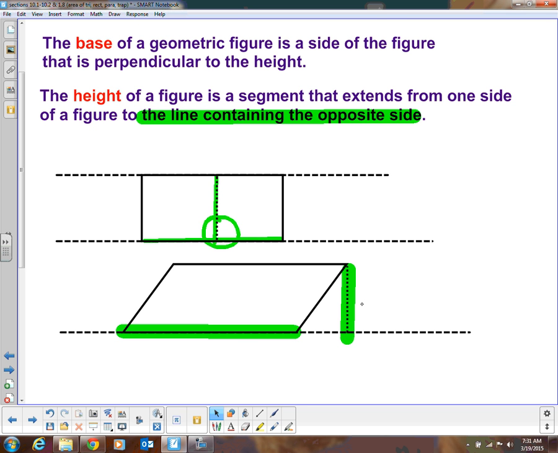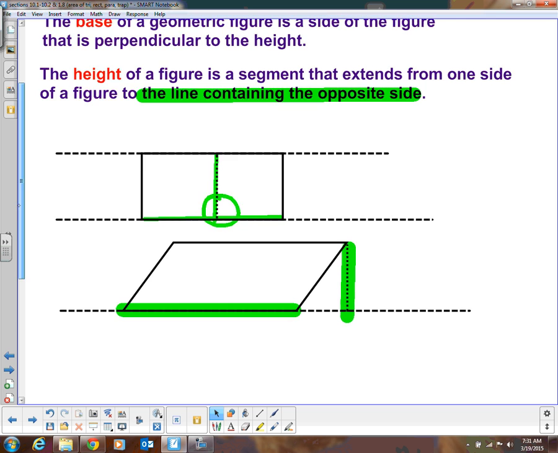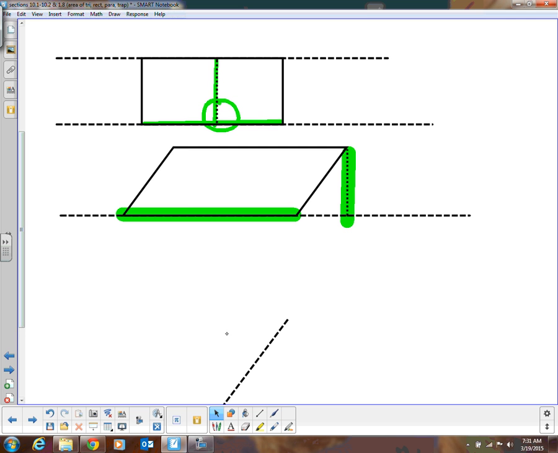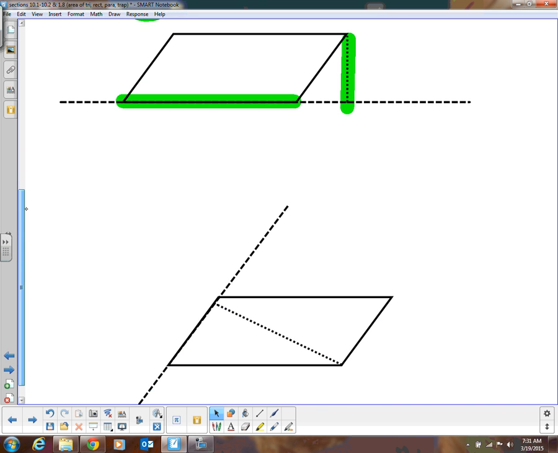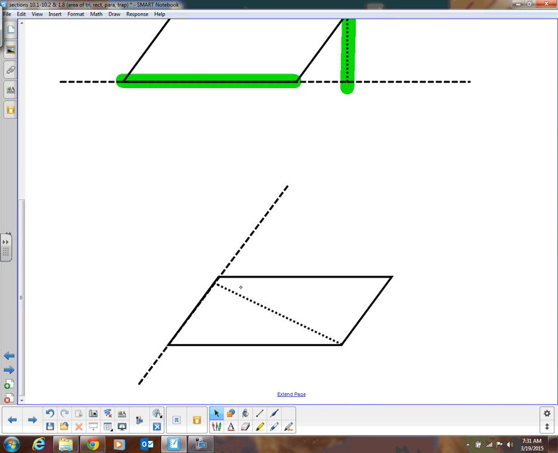Bottom line, what's the relationship between any base and height, Samantha? Perpendicular. Okay. Could we have said on this figure that this side is the height? Yes, because that is perpendicular. But is that going to be true in every figure? No. So if we look at this, here is a line containing the opposite side.